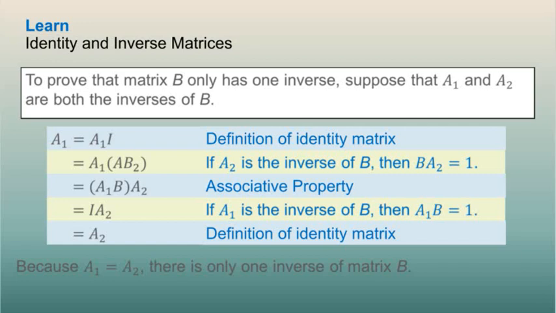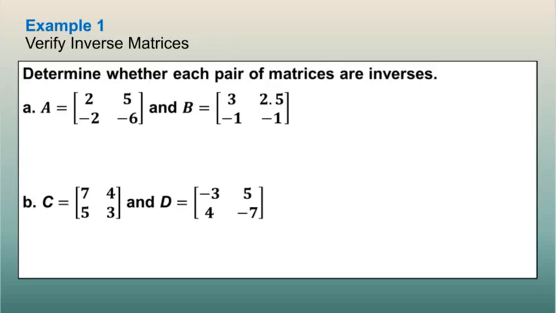Then you use the associative property: A subscript 1 times B, and if A subscript 1 is the inverse of B, then A subscript 1 times B is the identity. And the identity times A subscript 2 would be A subscript 2, which is the definition of the identity matrix. So this will make a little more sense once we see some examples.